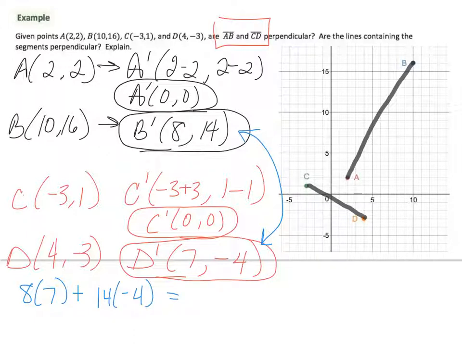That gives me 56 minus 56, which is in fact 0. So yes, the segments are perpendicular. Therefore, the lines that pass through the segments are also perpendicular. Cool? Cool.